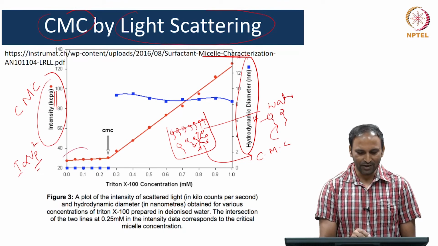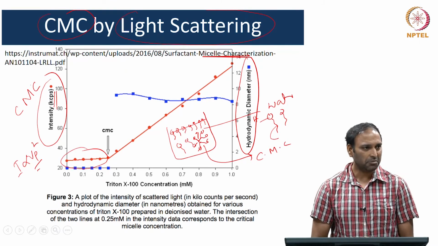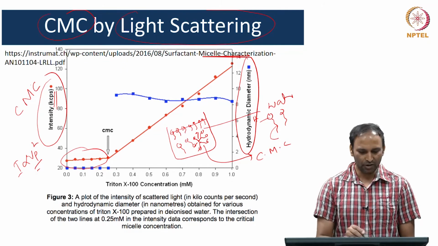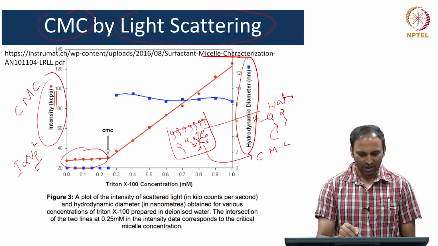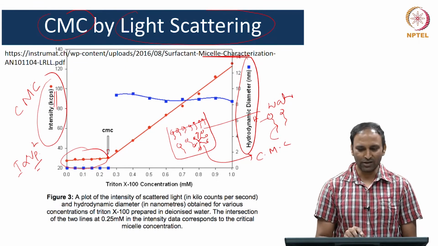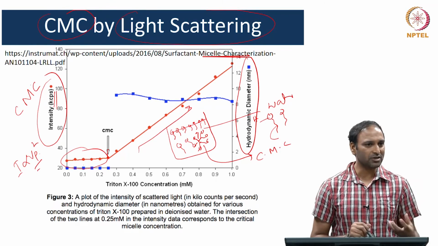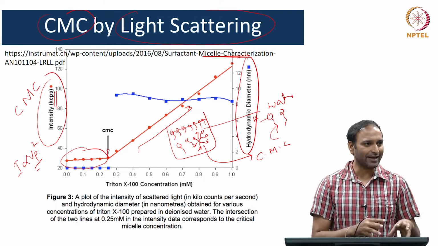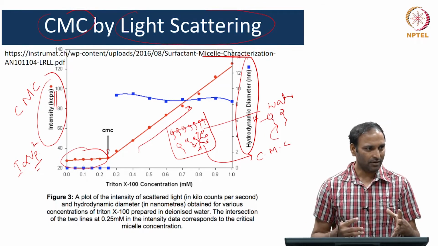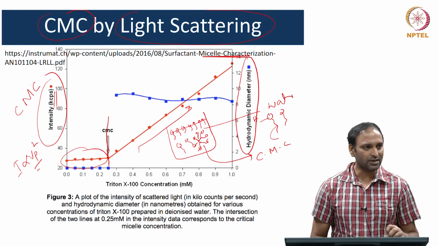Initially you have only monomers or small aggregates, so you do not have any scattering or very little scattering, but at a particular location you see that the scattering increases. This could be because of the change in size from small aggregates to a micelle. So that point you could think about as a CMC.